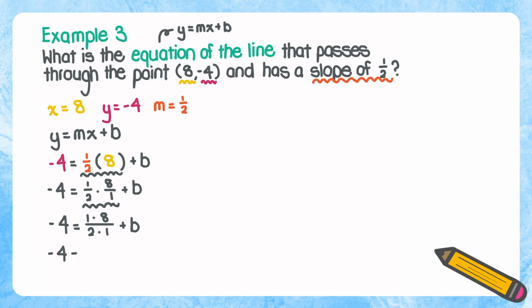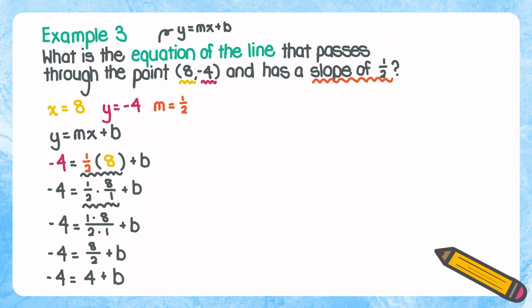Negative 4 equals 1 times 8 equals 8 over 2 times 1, which equals 2, and then the plus b. We can simplify this, so we have negative 4 equals 4 plus b.